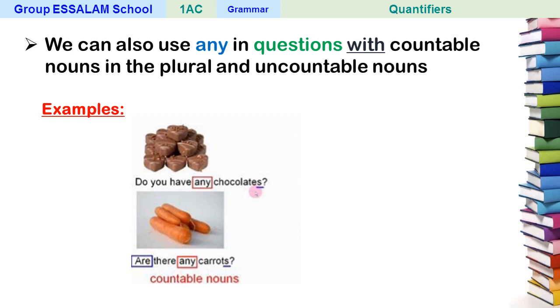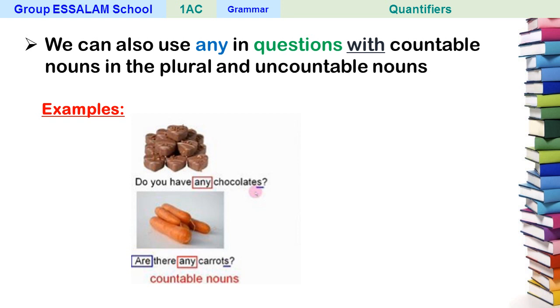Now let's see some examples in order to understand very well. Look at these. Do you have any chocolates? This is a question. Yes or no? Yes, it is. And we have here chocolates. It is a countable noun. We can count chocolates. We can say 1 chocolate, 2 chocolates, 3 chocolates. Okay? Let's see here another question. Are there any carrots?